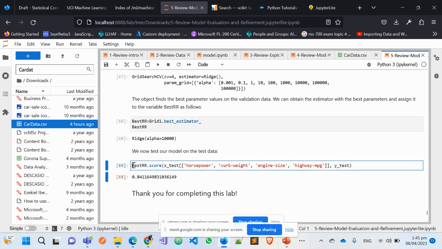You can see the best R score from the test models, which was the multiple linear regression, remembering that horsepower, curb weight, engine size, and highway miles per gallon serve as good predictors of price. They are the variables of interest that were used. At the end of the day, what we got was 0.84 and so on.